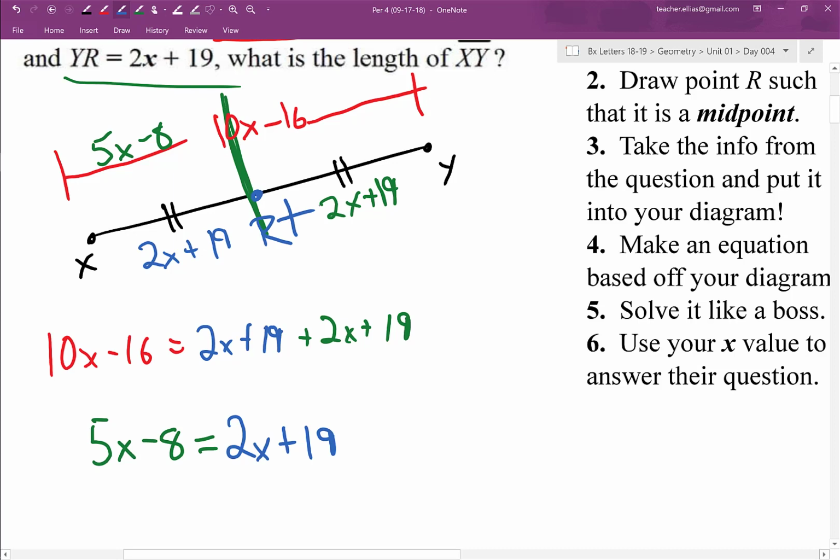You could do like Lizette and just say, oh, I know this 2x plus 19 is half of that entire 10x minus 16. So half of 10x is 5x. So is it just convenient that we do have 10 and 16? Yeah, that is convenient, because they're both even numbers and they'll divide by 2. You can always do it, you just might get a decimal. And that's fine.